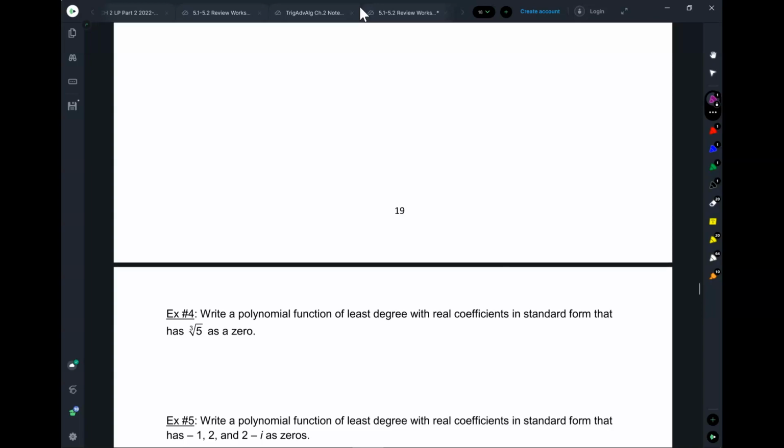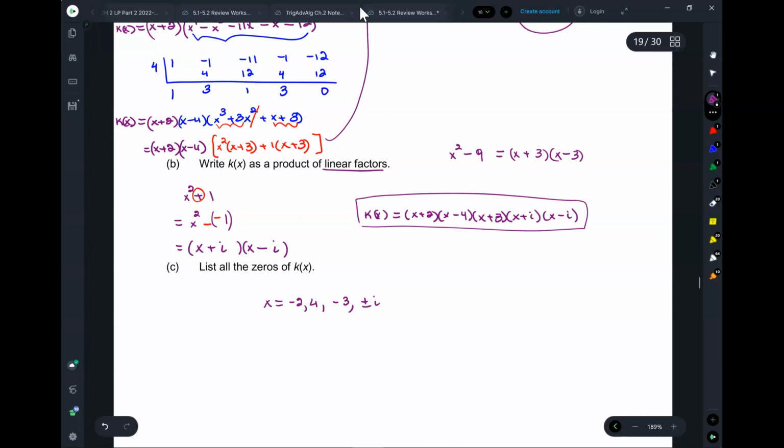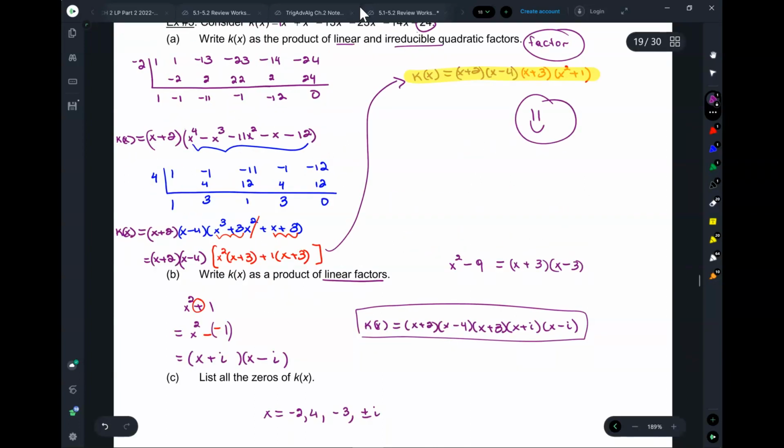But then how would we know where the i is? Oh, you have to do that. So the i you have to know, because you see how I factored, and then I got this term. Now you have to do that same process for that. So the i won't show on the graph. You have to do it yourself. But how do we know if it's an irreducible quadratic term from the graph?